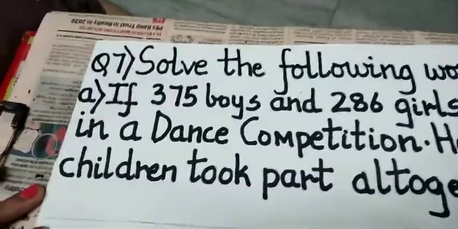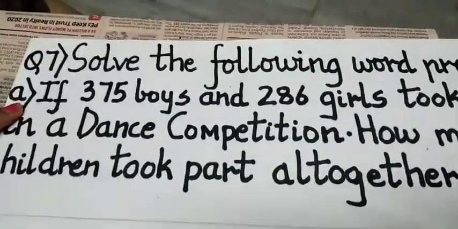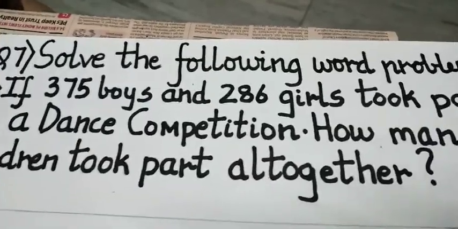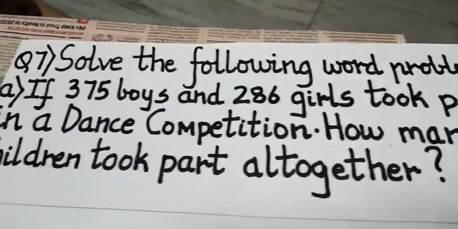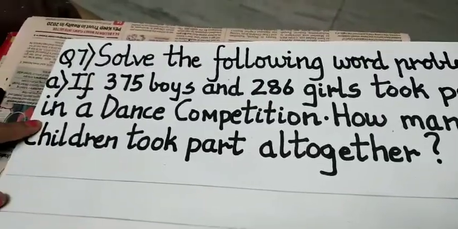Question number 7. Solve the following word problems. If 375 boys and 286 girls took part in a dance competition, how many children took part altogether?